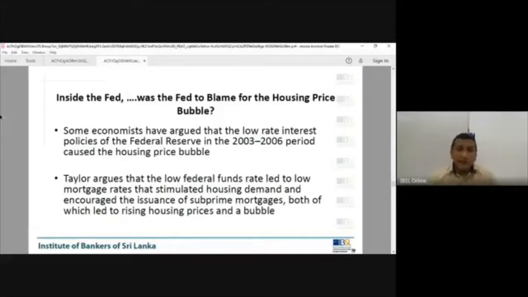Why the Fed is blamed is that some economists argued that interest rates were kept quite low for an extended period of time by the Federal Reserve until the prices started crashing. So you see a low interest rate environment maintained by the Federal Reserve has contributed, is one argument.